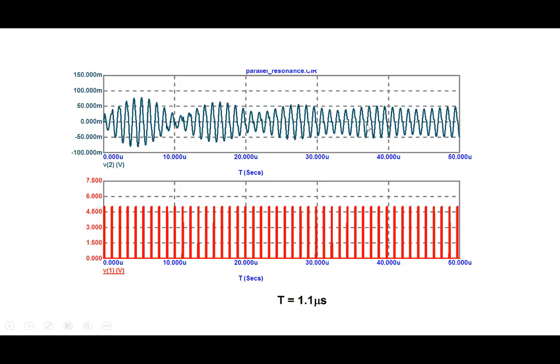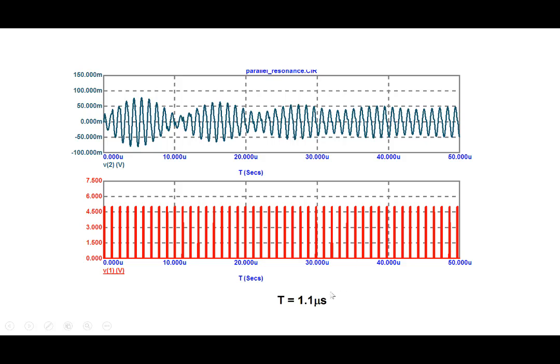And the system does remain in an oscillatory state, but the amplitudes are small, because we have applied a signal with a frequency which does not match the natural frequency of the system.